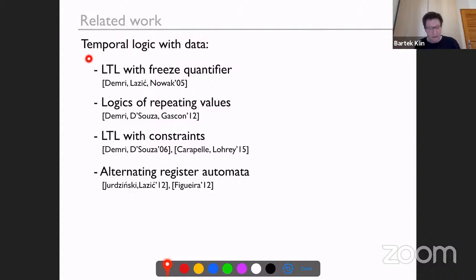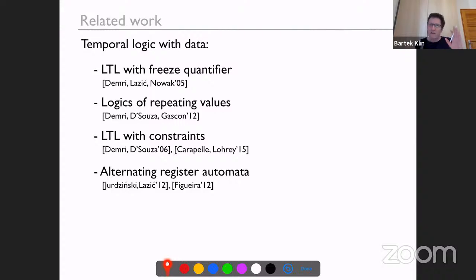So the most important parts are the LTL with freeze quantifiers and LTL with constraints, where we can use constraints on some data values from some infinite data domain as parts of our μ-calculus formulas.